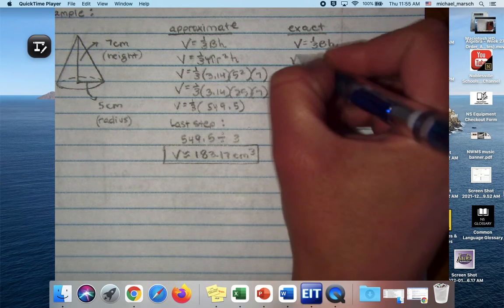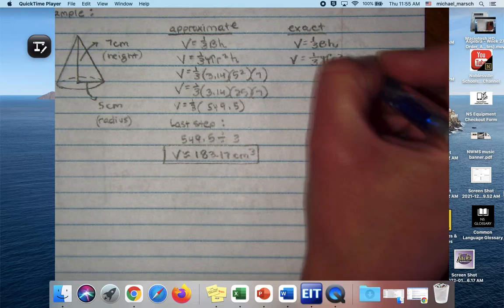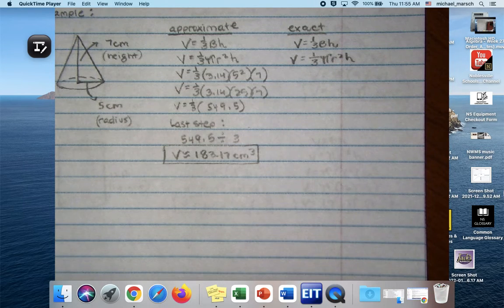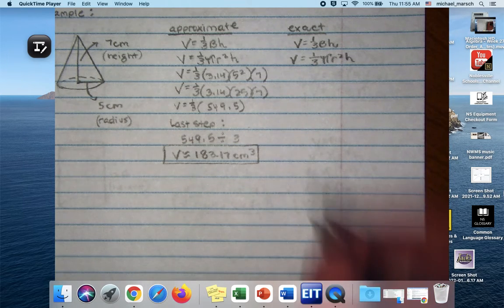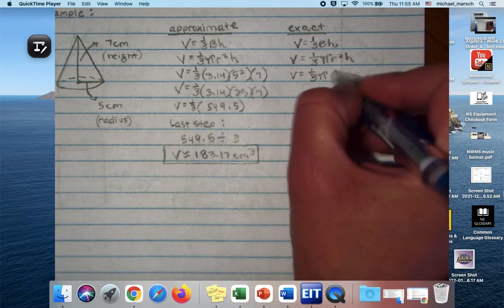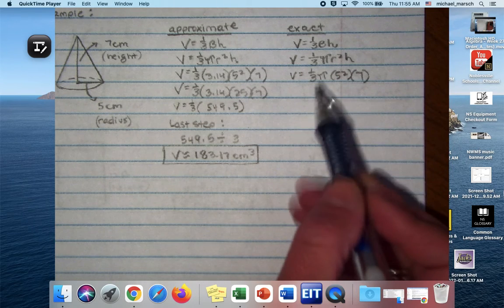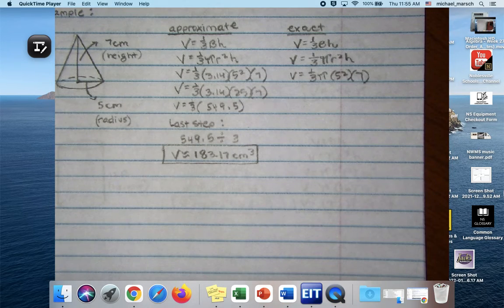It's going to look a lot like the approximate. Remember, this is when we leave pi in the answer, so we're not going to write 3.14.